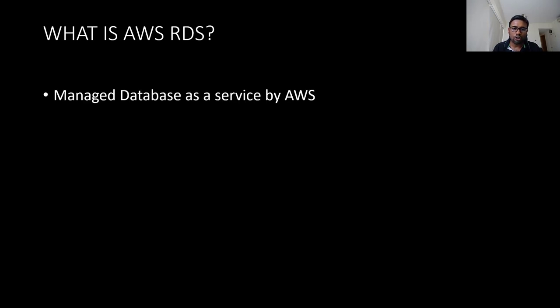So as you all know, RDS is a managed database offering by AWS. With the help of this particular offering, customers don't have to worry about the performance, high availability, security, reliability, patching, backups, and all these aspects.